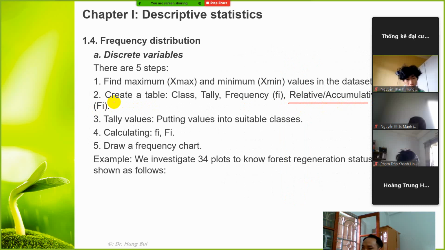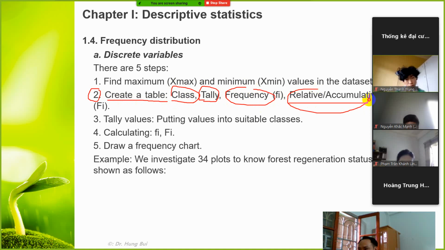Okay, very good. So thank you. And now I want to show you the step 2. Here's the step 2 again. We have to create a table. Meaning we will make a table. And this table consists of some columns. First column, second column, third column, and the fourth column.